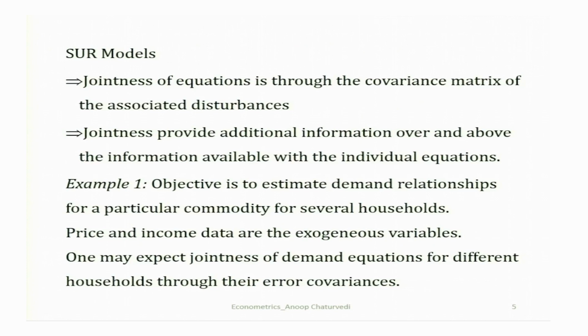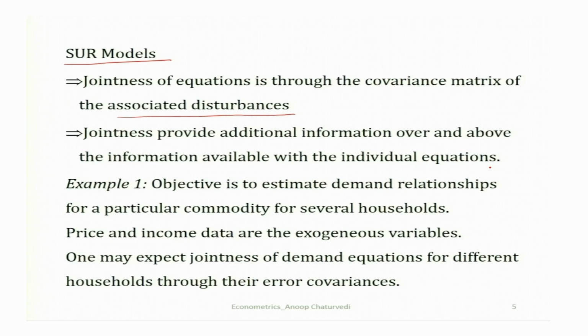In seemingly unrelated regression models, the jointness of equations is through the covariance matrix of the associated disturbances. In the previous example, the jointness of the two equations is through the covariance matrix or the correlation between u 1 and u 2. Then the jointness provides additional information over and above the information available with the individual equations.